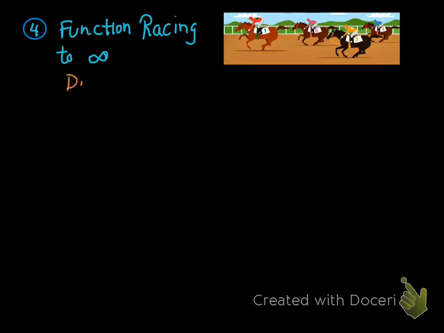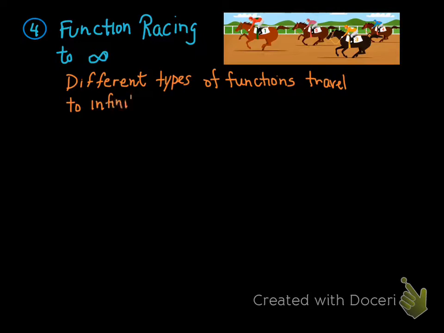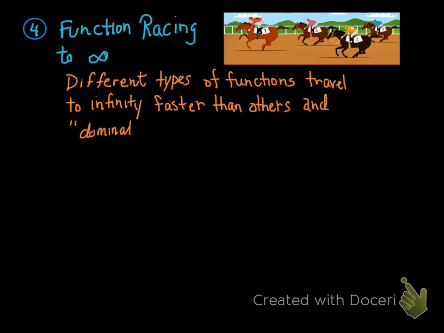And all those kind of travel to infinity at different paces. Especially as we get close to infinity, one of those types of functions will dominate the other. So different types of functions travel to infinity faster than others and dominate in comparison.